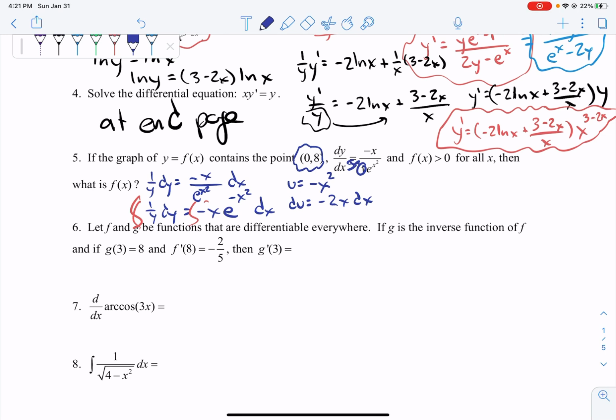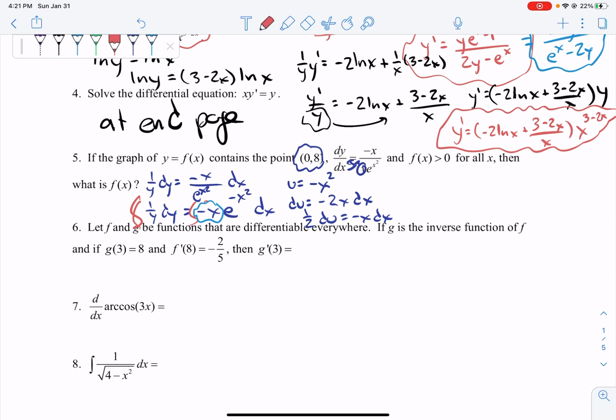And if I look back at my problem, I don't have a negative 2, but I have a negative x. So I want to move that 2 over. So I can rewrite this as 1/2 du equals negative x dx. And it looks like that's going to clean up that variable for me.